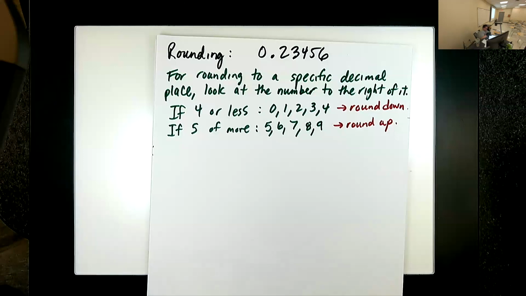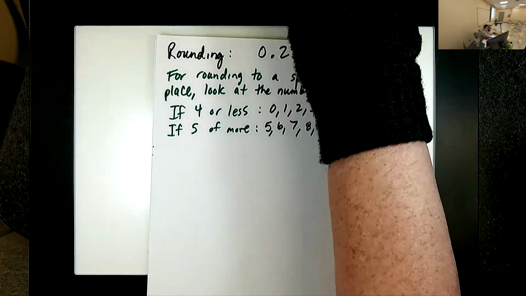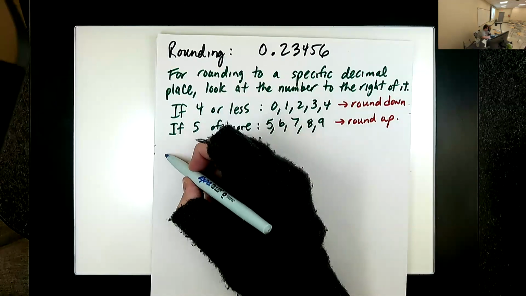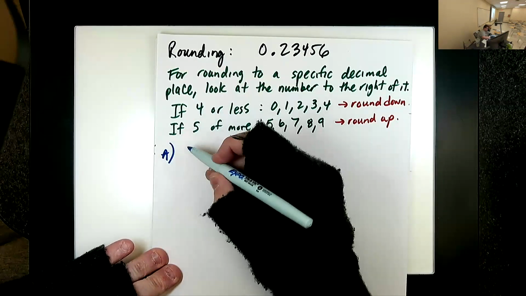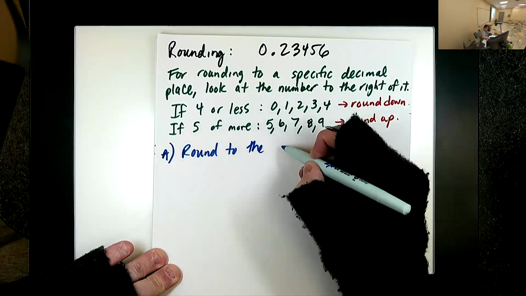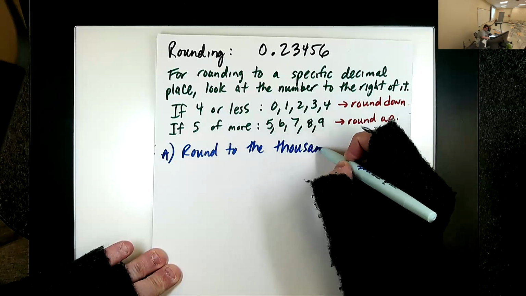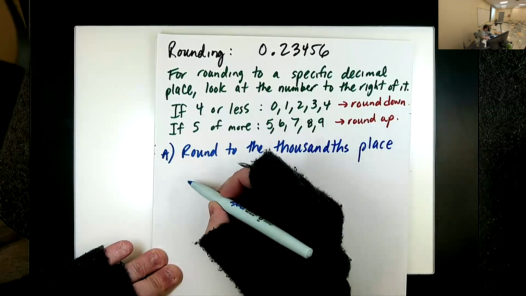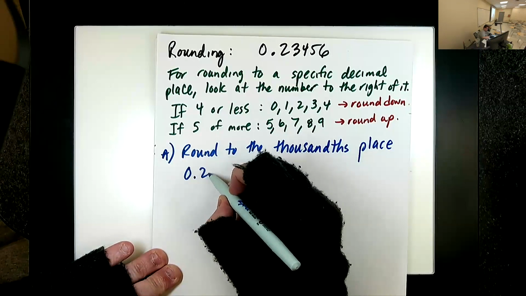All right, let's take a look at how we do this here. What rounding down and what rounding up means. Example A, let's round to the 1,000th place. So I will rewrite the number here and we'll take a look at it.